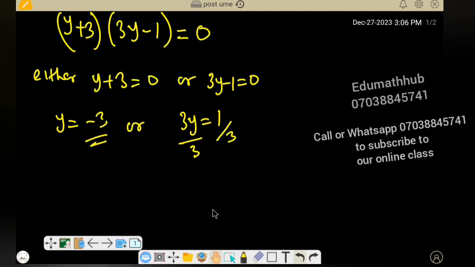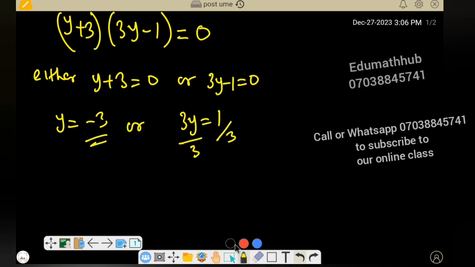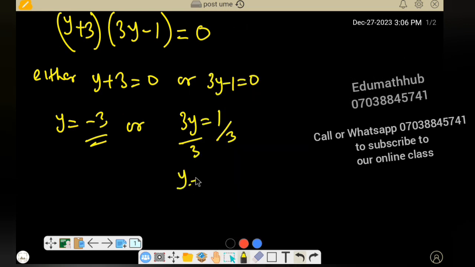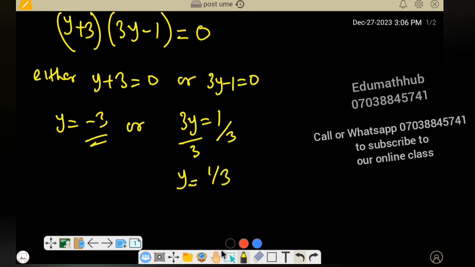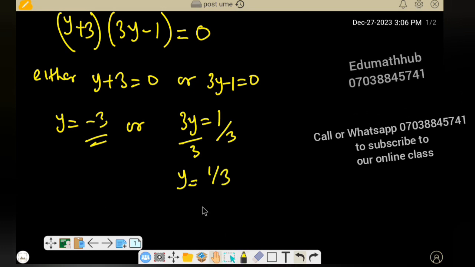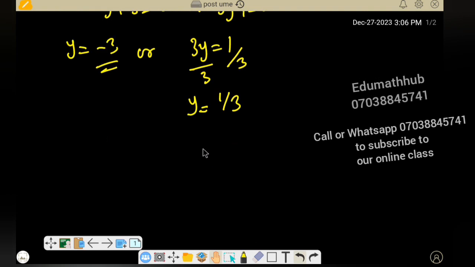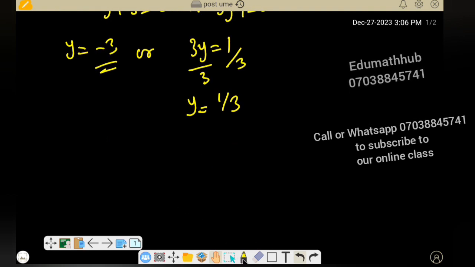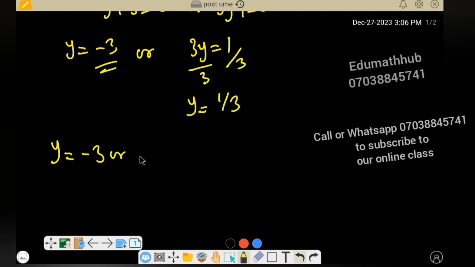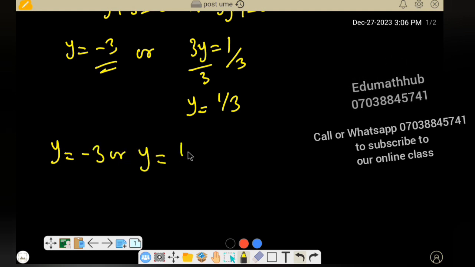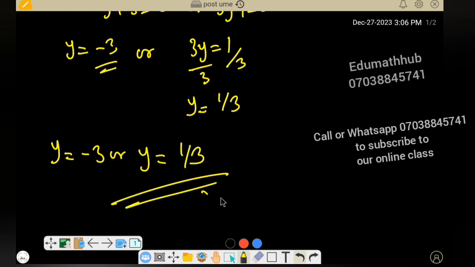That will give you y is equal to 1 over 3. So the two values for y are y equals minus 3 or y equals 1 over 3. So that's the solution.